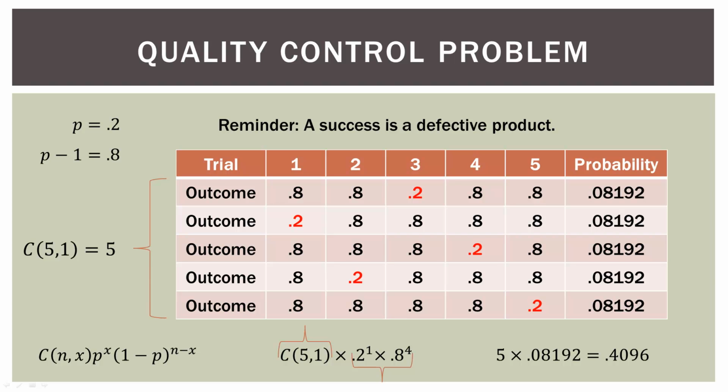So we walk up and pick one, then we come back and pick one again, and we come back and pick one again, etc. 5 times. The probability of having one defective product in that sequence or in that experiment is 0.4096, or almost 41%. See?